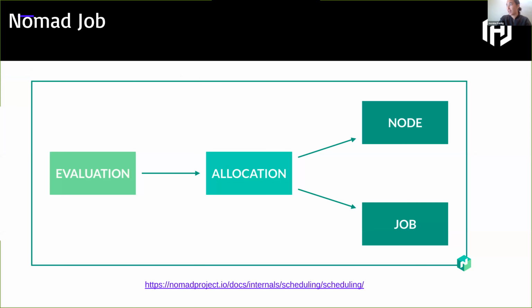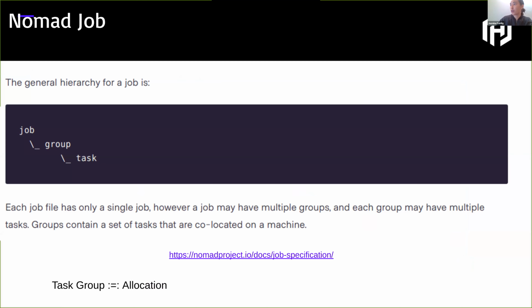So before we get into that, I'll just go over, if you're unfamiliar, a little bit of the Nomad ontology. There's the concept of a Nomad job, and actually this slide is a little bit out of order. A job is what you will generally use to describe your application, and it can be composed of a number of task groups, which are composed of tasks.